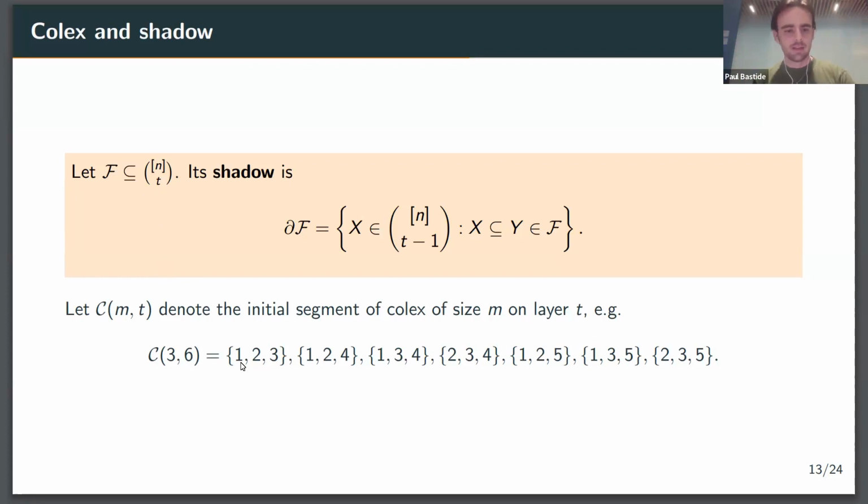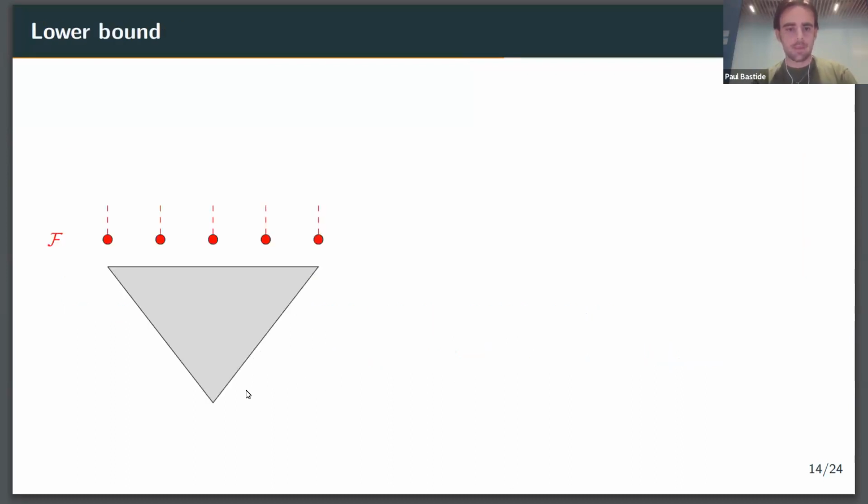At first, you look at sets of size 3, so you first use 1, 2, 3. Then you have no choice, you need to use 4, but you don't want to use 5 yet. So you put first the set 1, 3, 4, etc. You can see it as minimizing the number of elements of the ground set that you're using while giving an order on all those sets of size 3. And so why does it make sense to look at such a shadow and colex order for this saturation problem?